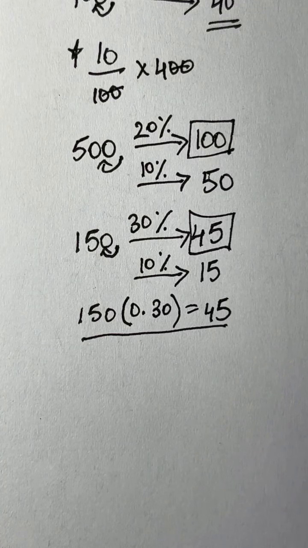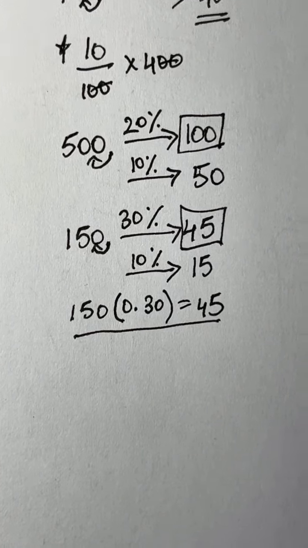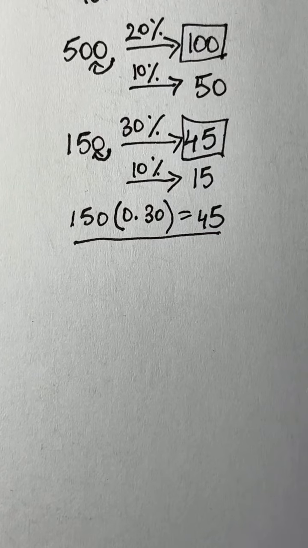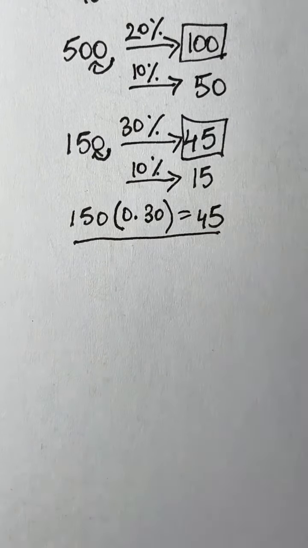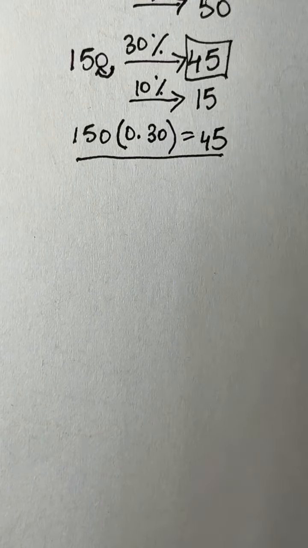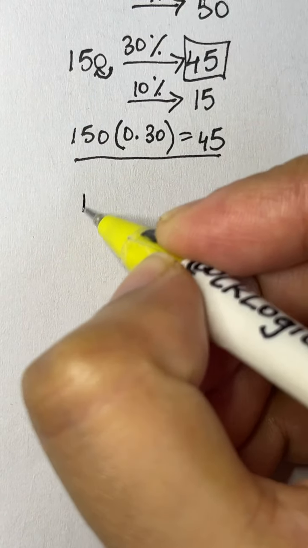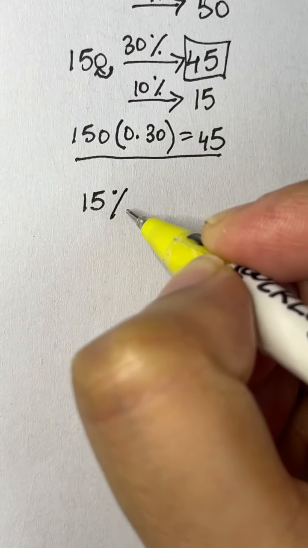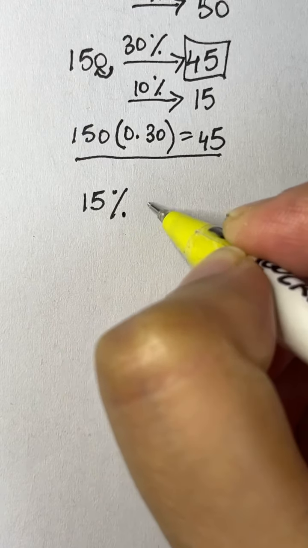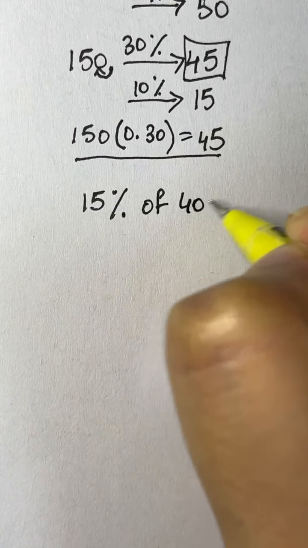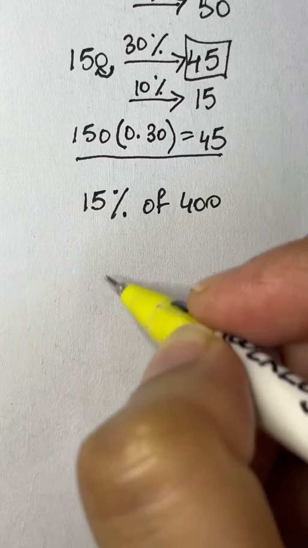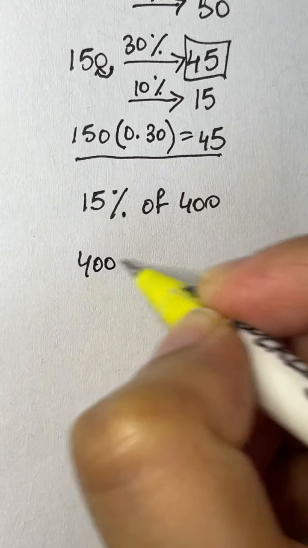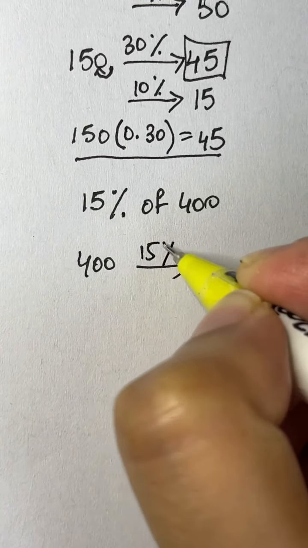Okay, let's see what is 15% of 400. Okay, let's try out. What is 15% of 400? When you have a question like this, okay, let's find out. So 15% of 400.